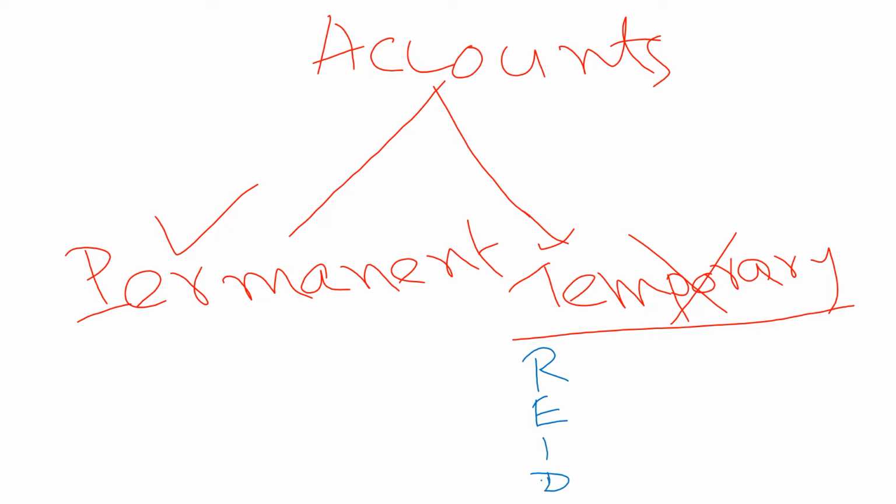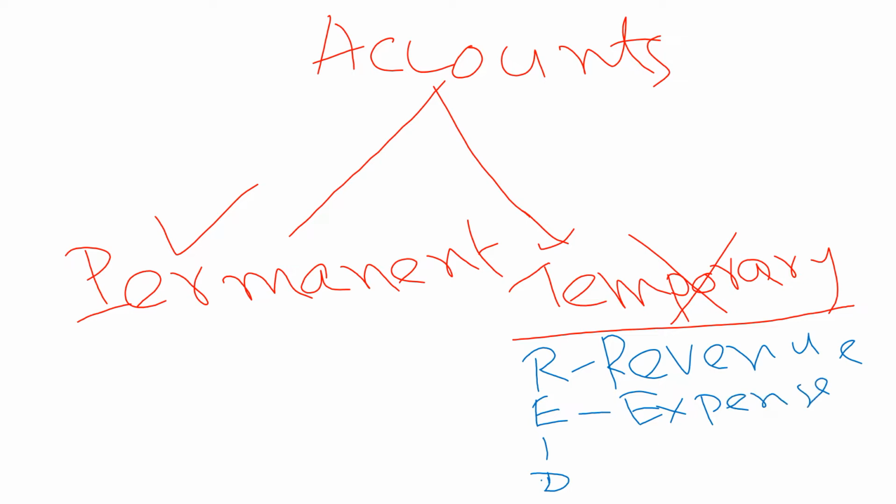R means revenue, and E means expense, and I means net income or loss, and D means dividend.